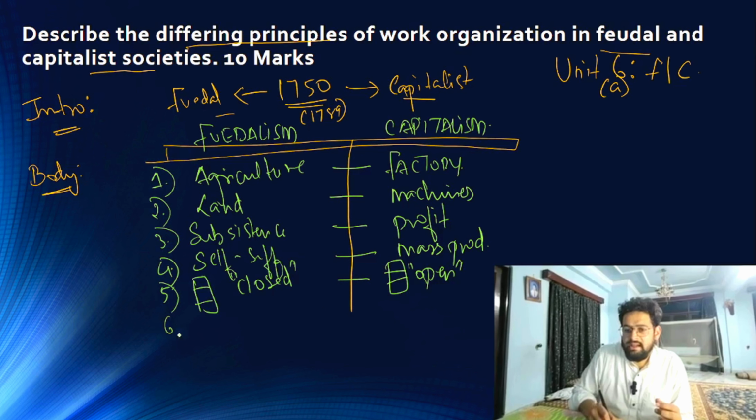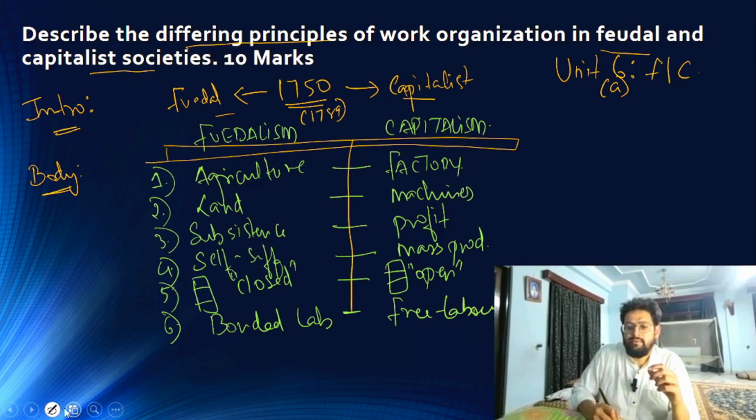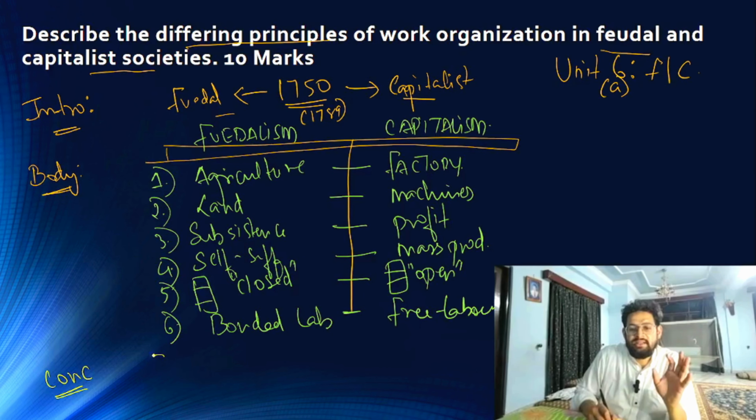And lastly, you can also say that the people who are working over here are considered to be bonded labor. Here, they are considered to be free labor. They can jump from one factory system to another factory system. This is an opportunity that they are provided with. Lastly, you can tell that a feudal society is considered to be a traditional society.